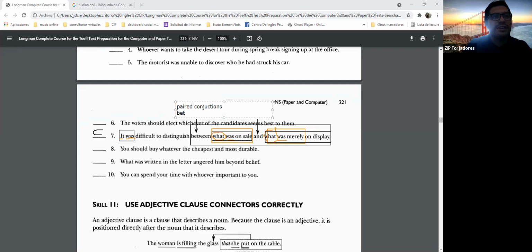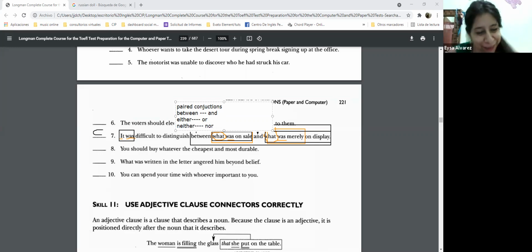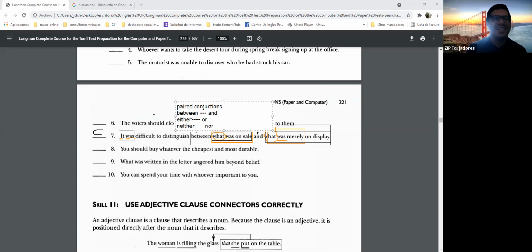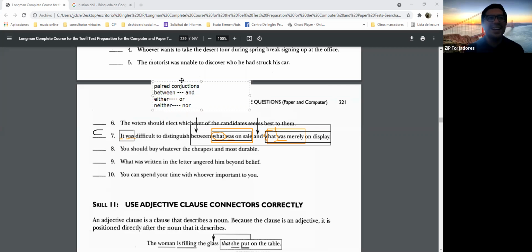Between is always with "and"; either is always with "or"; neither is always with "nor". Between and, either or, neither nor, and there is another one, but I don't remember it now.